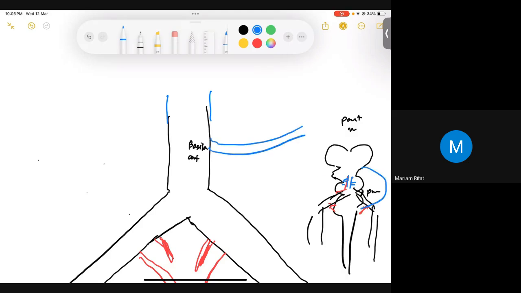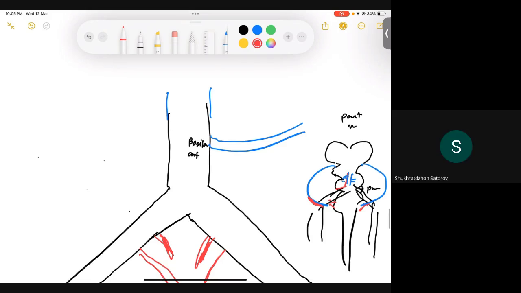This is the anterior and inferior aspect of your cerebellum, so it would give an artery which is going to perfuse the anterior inferior portion of your cerebellum, called AICA, anterior inferior cerebellar artery.